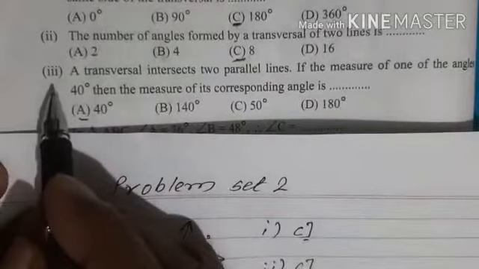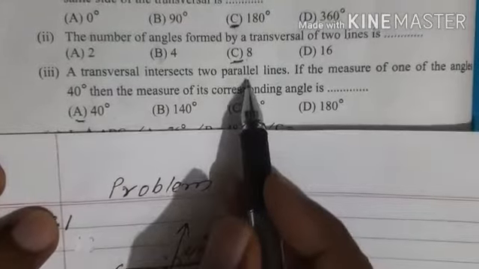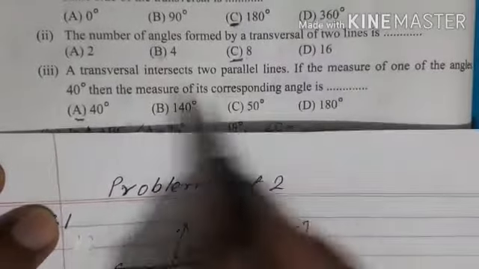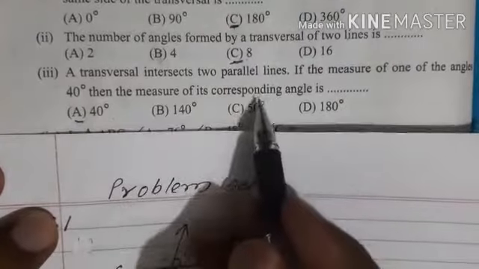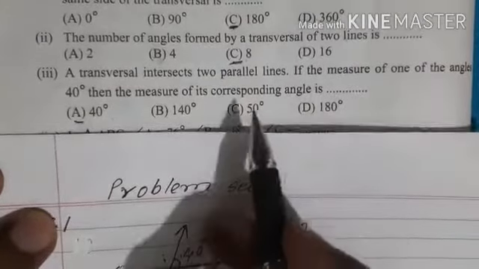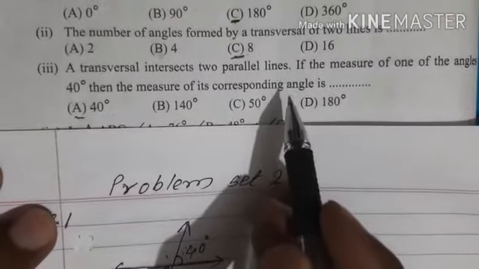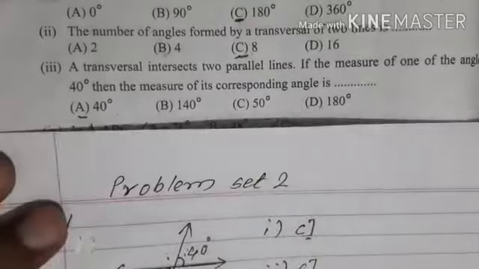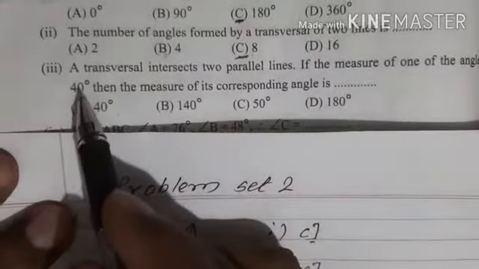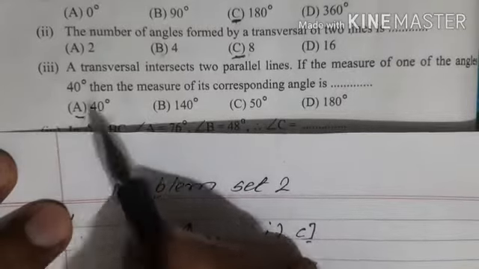Now third sub question, a transversal intersects two parallel lines. If the measure of one of the angles is 40 degree, then the measure of its corresponding angle is, you study that if two parallel lines are given and the angle made by the transversal, then the corresponding angles are congruent. Therefore here one angle is 40 degree, then its corresponding angle also 40 degree.